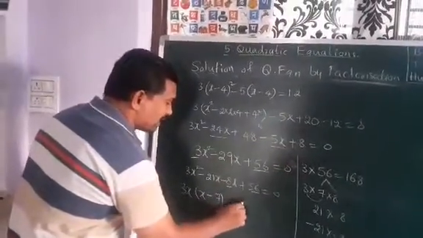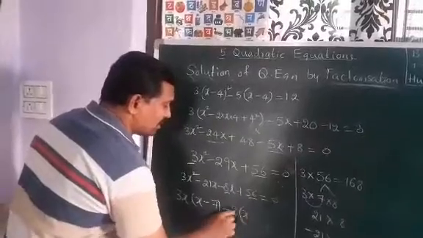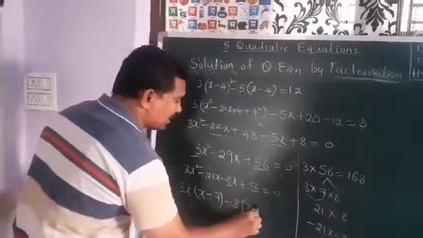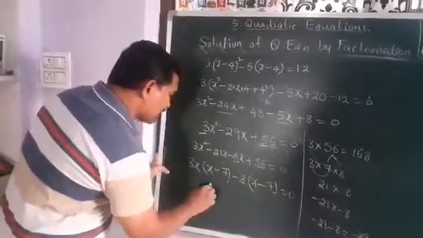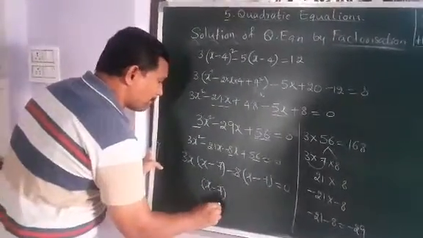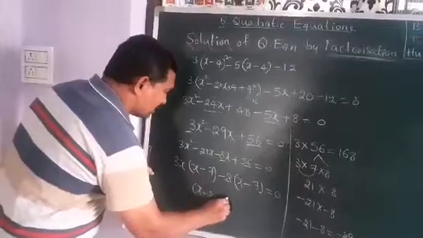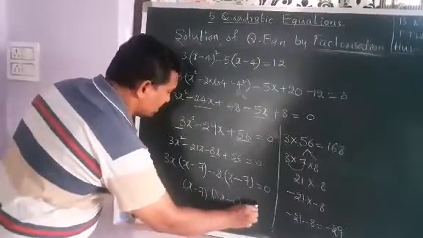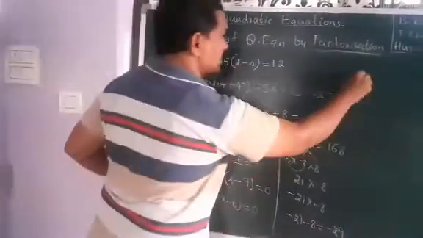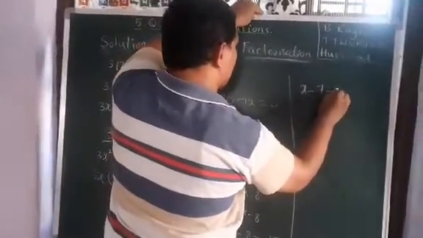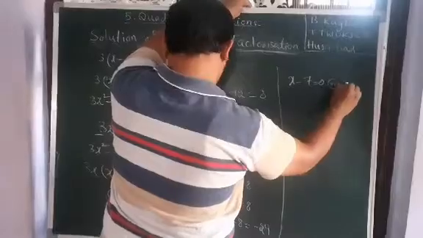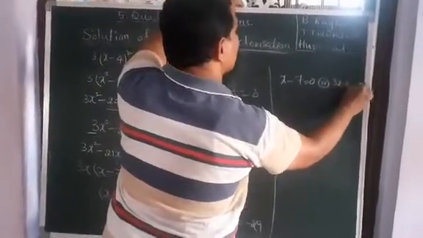Take minus 8 common. Remaining x, minus taking common, plus becomes minus, 8 7s are 56. So take x minus 7 common. What is here? 3x minus 8 equals 0. So x minus 7 equals 0 and 3x minus 8 equals 0.